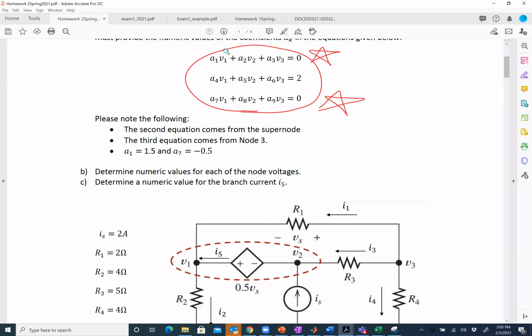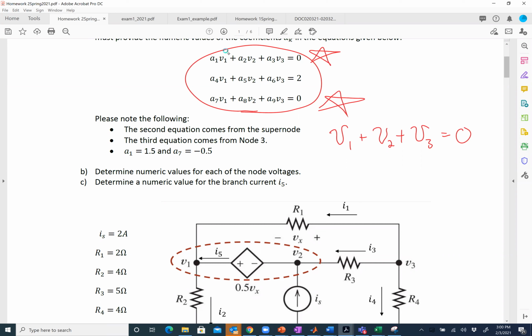Because, for the sake of argument, let's say the first equation was V1 plus V2 plus V3 equals 0. Technically, you could multiply both sides of that equation by 2, and effectively you have the same equation, right? In other words, there's a question of, in linear algebra, what you call linear independence of the equations, right? So that was a mistake on my part.